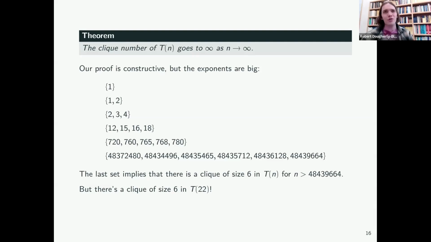And it's useless in 2 ways. A, you can't use it, and B, it's also useless for predicting when these cliques actually happen, because the first time there's a clique of size 6 happens at degree 22. So you definitely don't need to go out to 48 million.